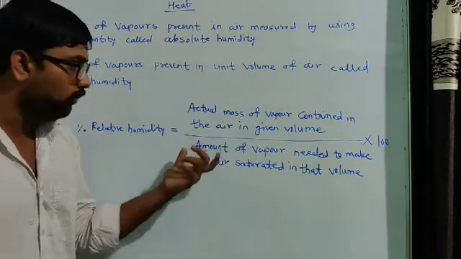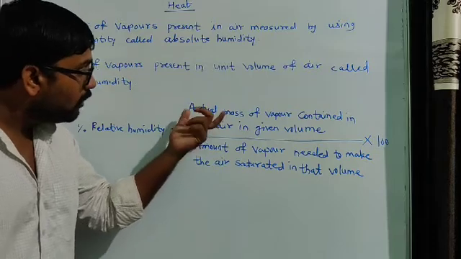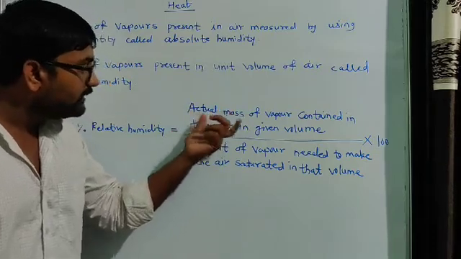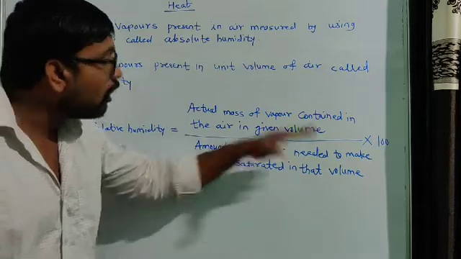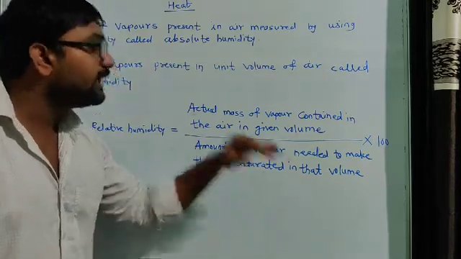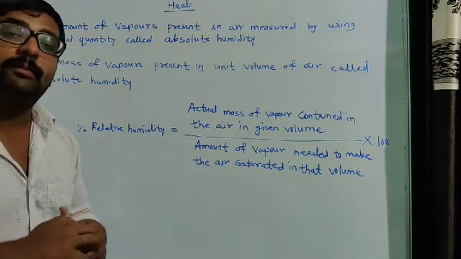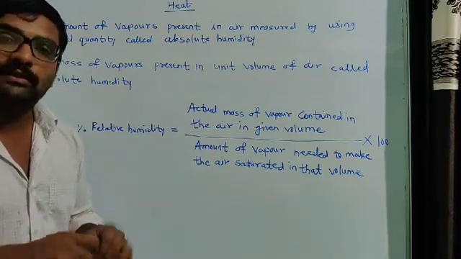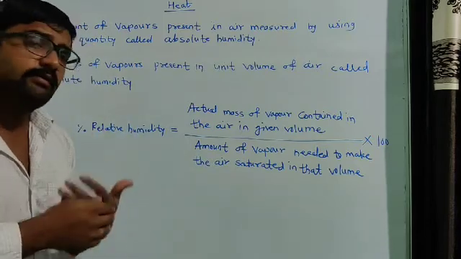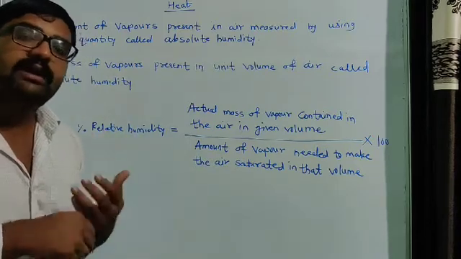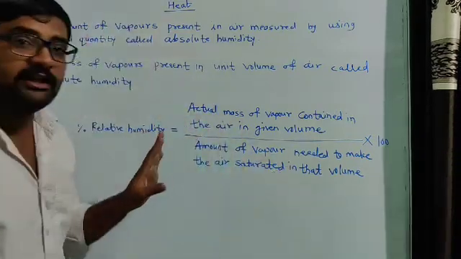Okay, so now first we take the mass of vapor present in that volume, divided by the amount of vapor needed to make the air saturated in that volume. To saturate that air we have to add some more water vapor. How much water vapor we have to add to make that air saturated, that we take in the denominator.